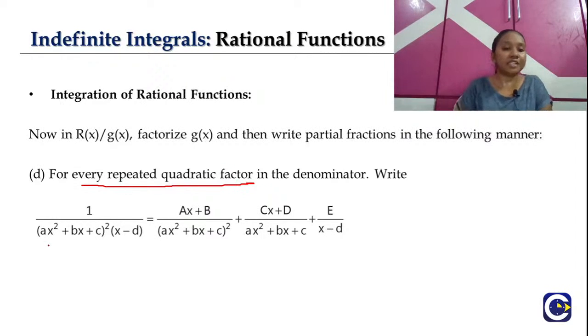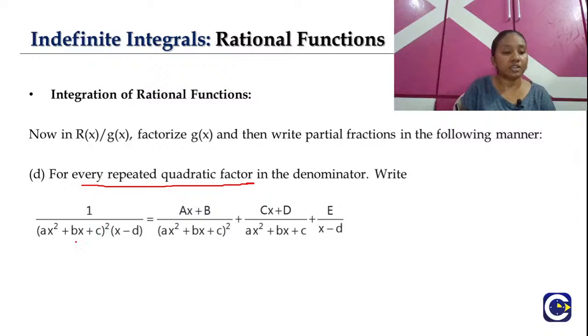When I have a repeated quadratic factor, how will I rewrite this? It can be rewritten in a similar way to how we wrote the repeated linear factor. We combine our second and third cases, which we discussed earlier, to express the denominator where a repeated quadratic factor appears. So what is my expression of the LHS?